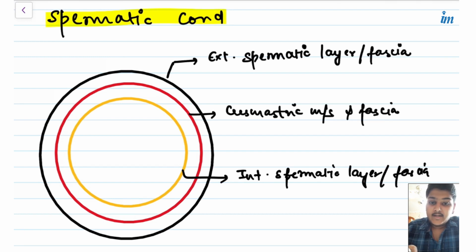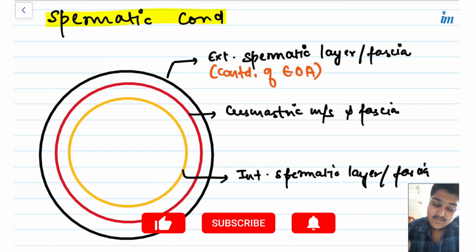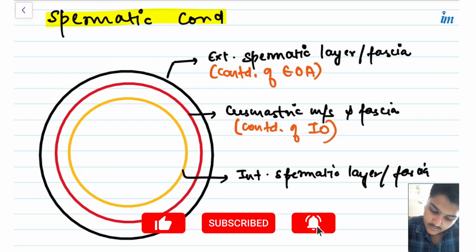Now the important point is which structures from the abdomen are continuing to form these layers or fascias. So your external spermatic layer or fascia is the continuation of external oblique aponeurosis. Your cremasteric muscles and fascia, the second layer, is the continuation of internal oblique.